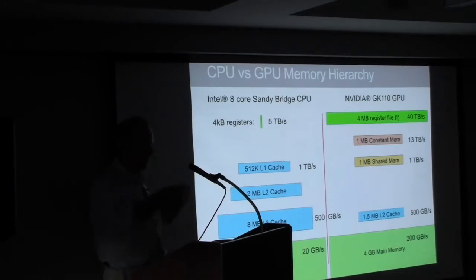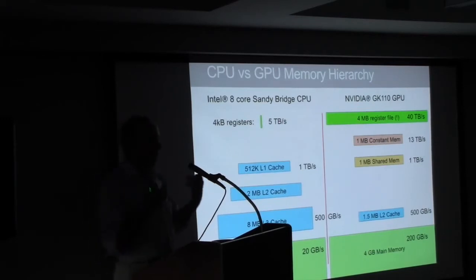I can spend much more and use more energy on a CPU, but this is roughly normalized for cost. And another big difference that I'll get to a bit later is that there's an amazing abundance of register storage, which runs at full speed, at single cycle operations on a graphics processor.